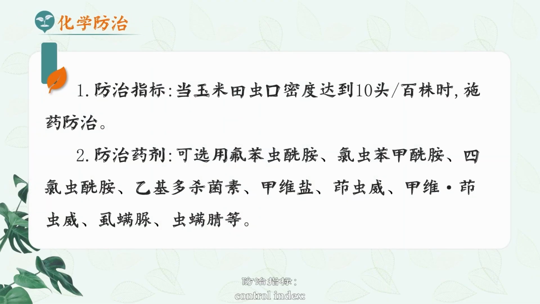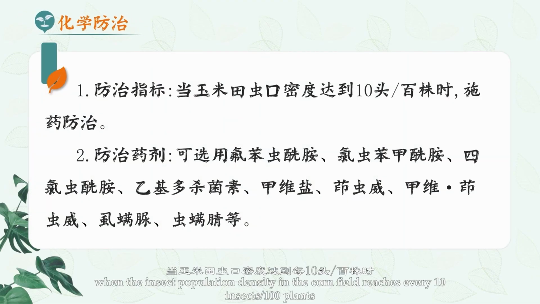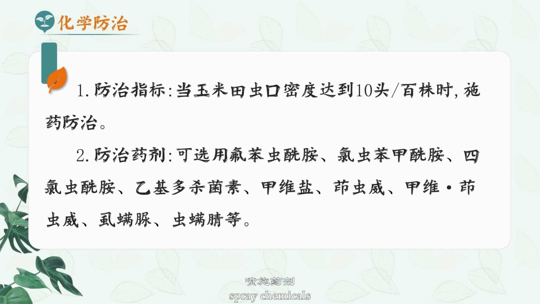Control index: when the insect population density in the cornfield reaches 10 insects per 100 plants, spray chemicals. Control agents: flubendiamide, chlorantraniliprole, tetrachlorantraniliprole, spinetoram, emamectin benzoate, indoxacarb, chlorfenapyr, etc.